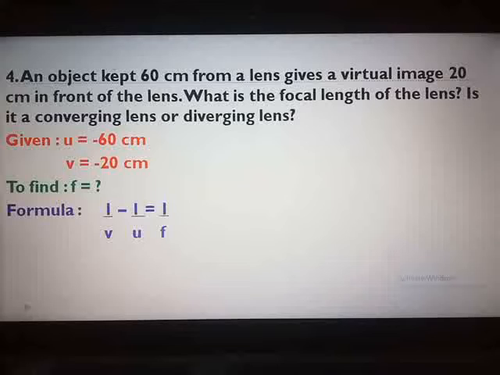Now you are going to substitute the values of V and U in this lens formula. V is minus 20, U is minus 60.